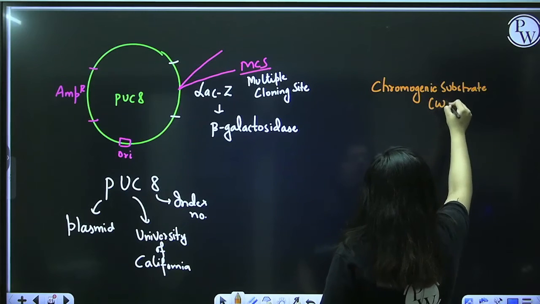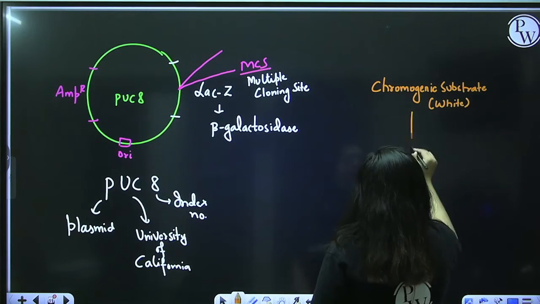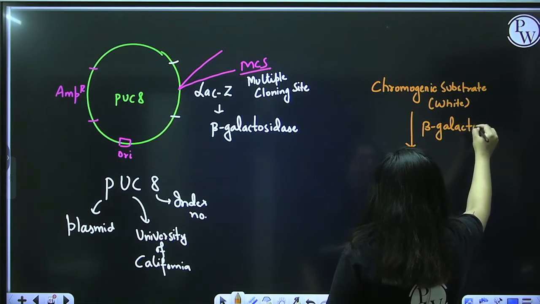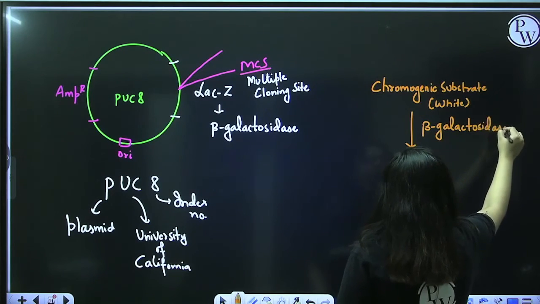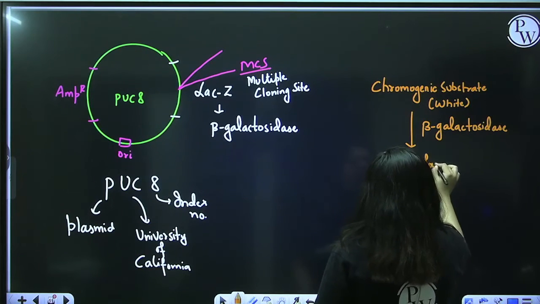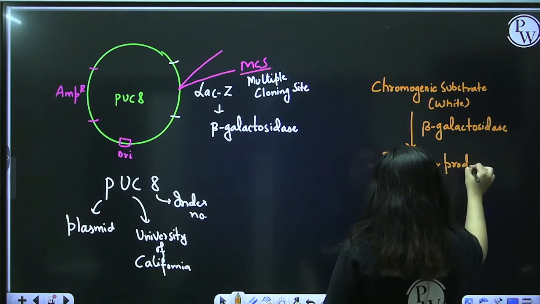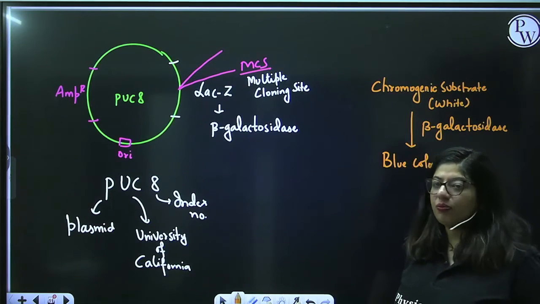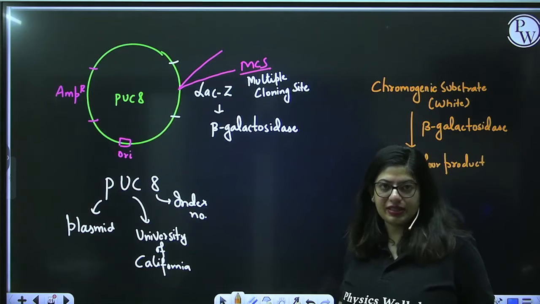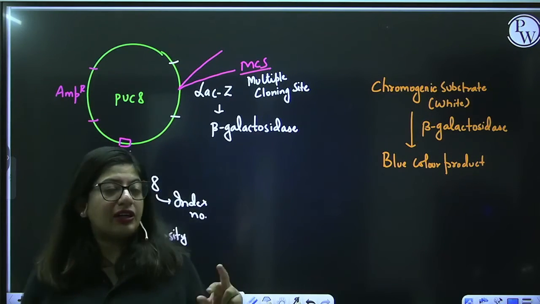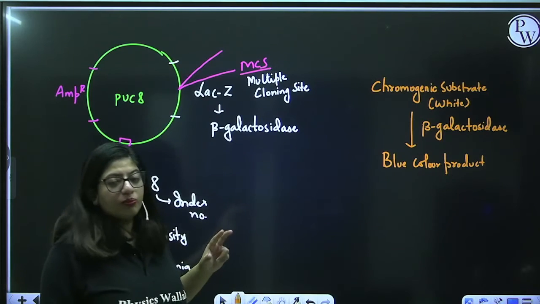This substrate, which is white in color, when it gets in contact with beta-galactosidase enzyme, will give a blue color product. So if my lacZ gene is intact, it will keep on producing beta-galactosidase enzyme, and it will convert your white color substrate into blue product.